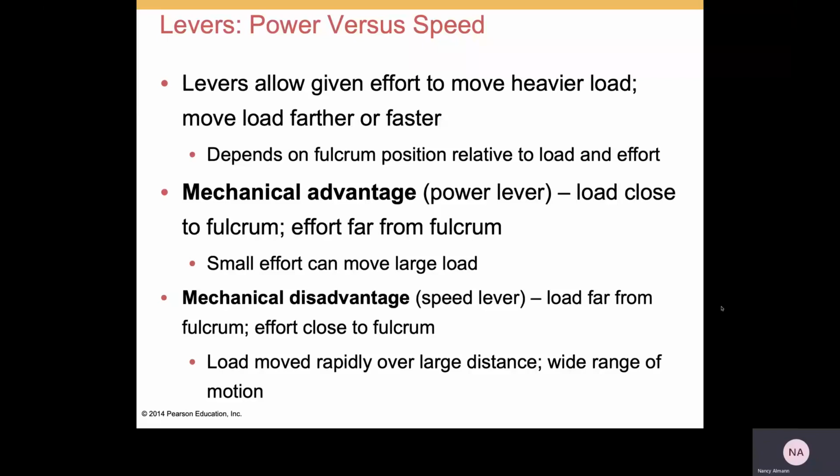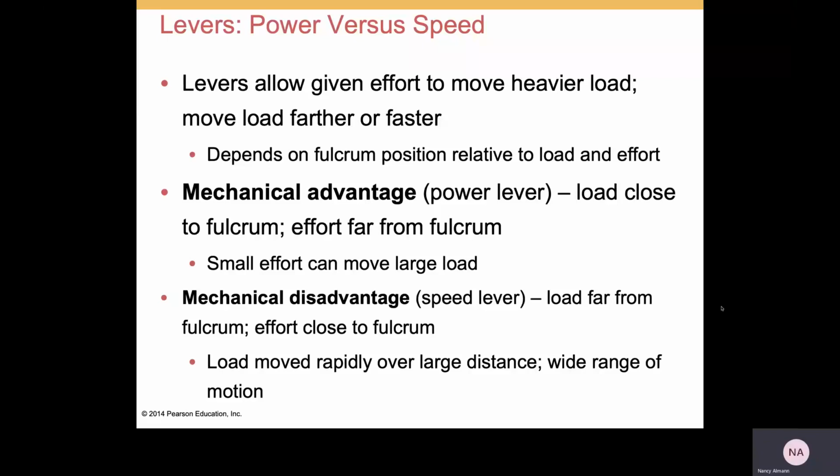So we have a couple of items that we need to talk about, which include the mechanical advantage. So if you have a load that is close to the fulcrum, the effort is far from the fulcrum, and a very small effort can move a large load.